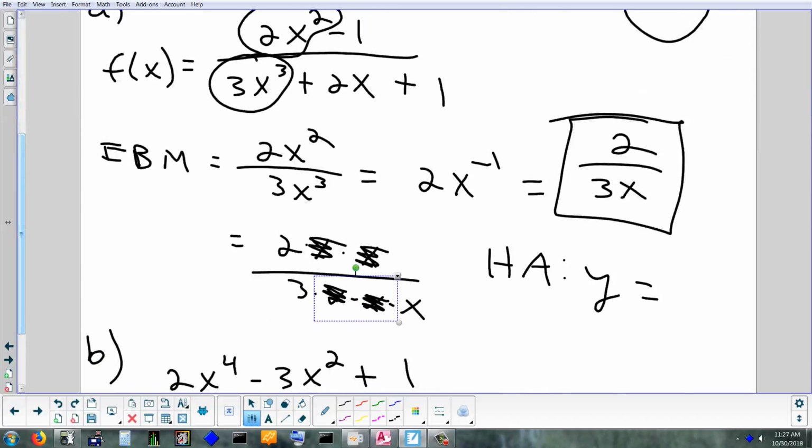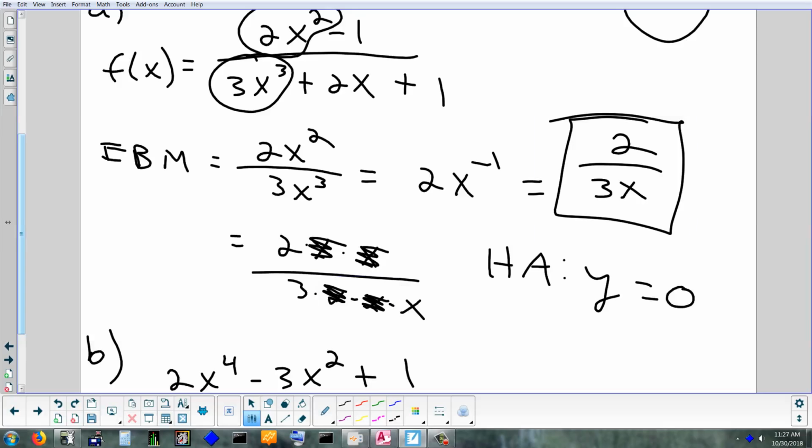What happens at the end? Infinity is at the end. So as x gets really, really big, what happens to what's in that box? It's really, really small. And it gets so small that it's approaching what number? 0. Yep, it's approaching 0.